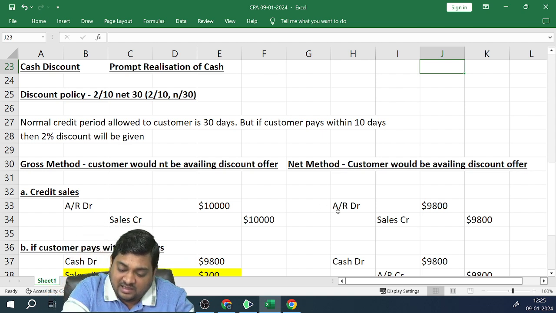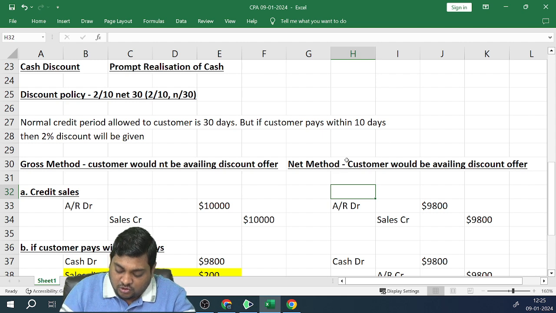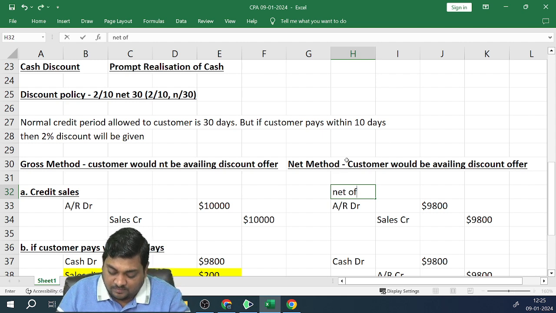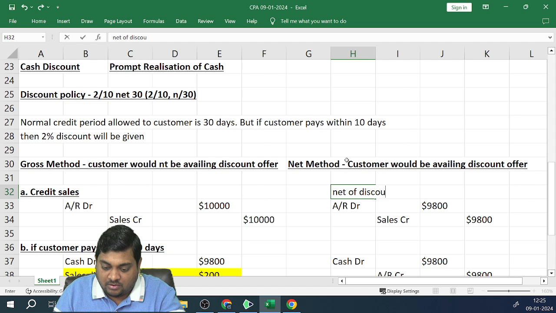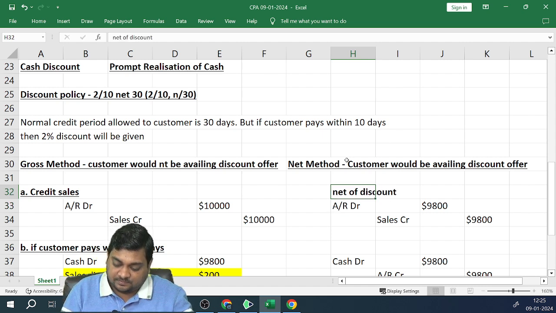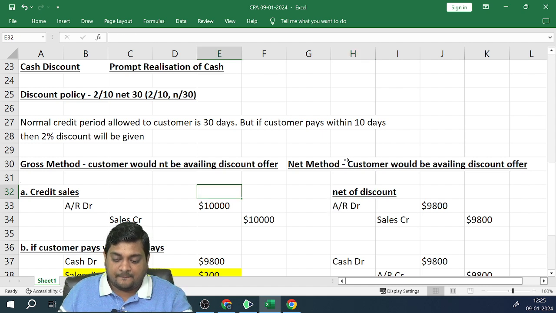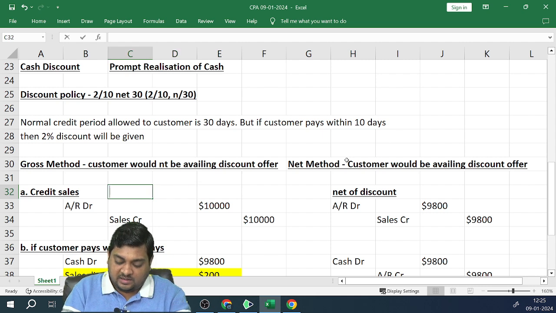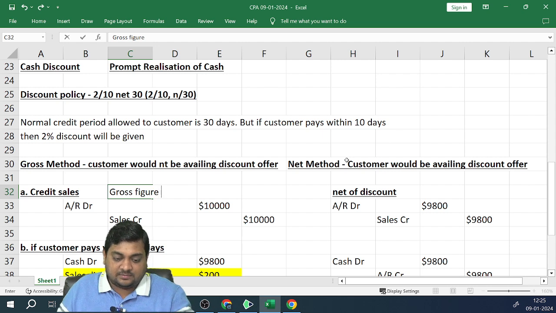Similarly, here accounts receivable is shown net of discount, right? This is net of discount. And out here, it is at the gross figure.